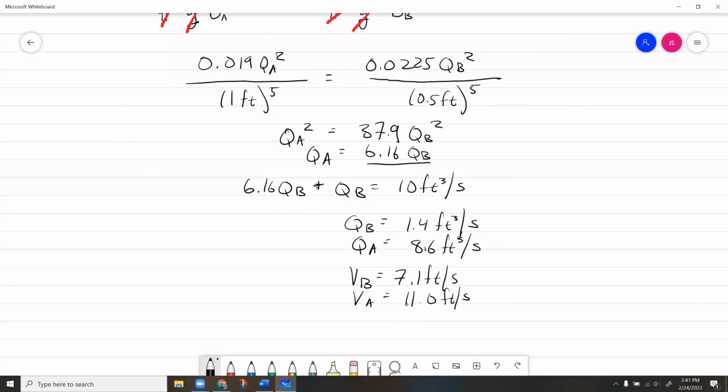So we get a lot more flow able to go through that diameter that's 1 foot versus half a foot. Quite a big difference, right? This is a factor of 5 or 6 difference between the two, just with that diameter reduced by half. So quite a big difference.